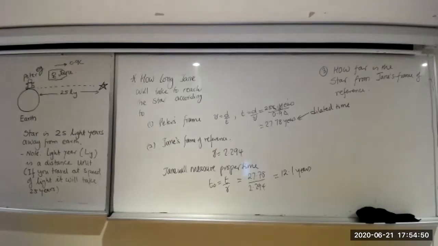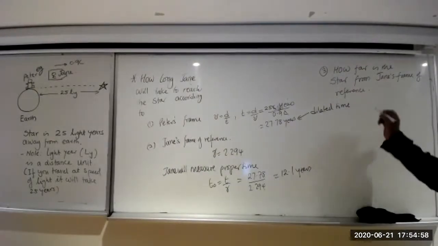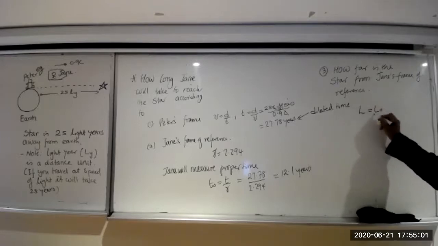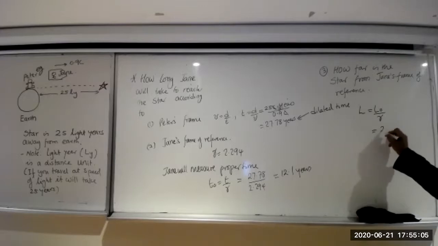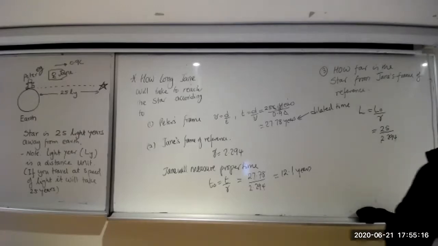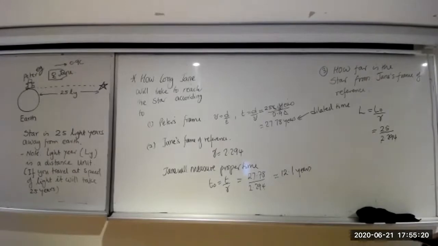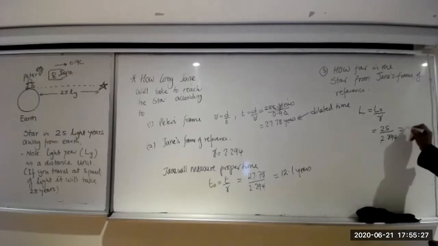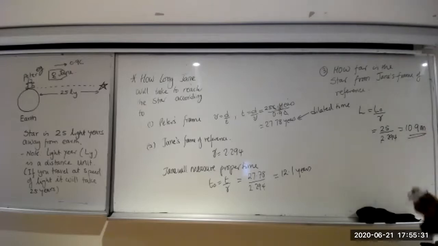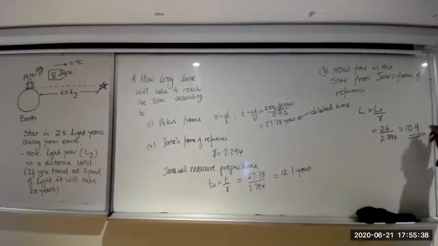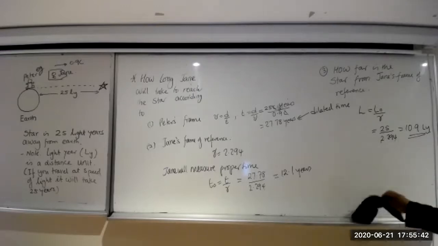Is it 10.89? I got 10.89. So basically, we're looking for the contracted length. There is no over gamma. What's the gamma? I said 2 point something. 10.89, yeah, 10.9. 10.9. Okay. Is it meters? I know that's in light years. Oh, okay. Light years.